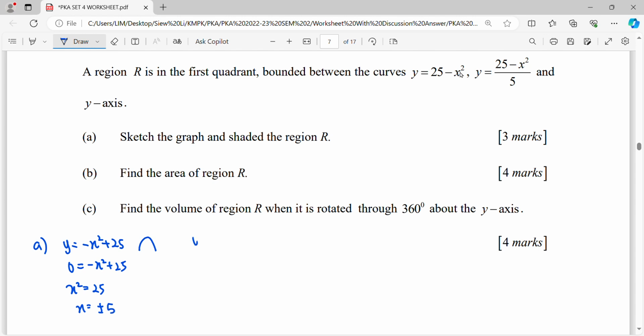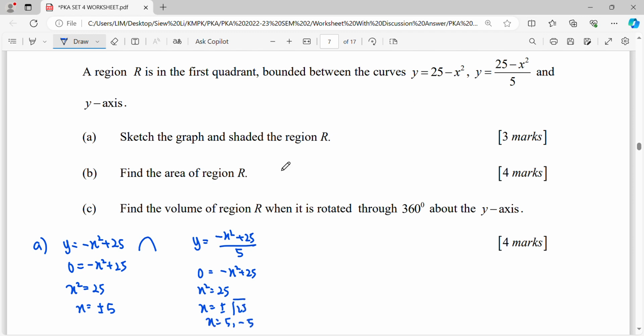Another one, y equals negative x squared plus 25 over 5. Also we let it be 0. So square root of 25, x can be positive 5 or negative 5.